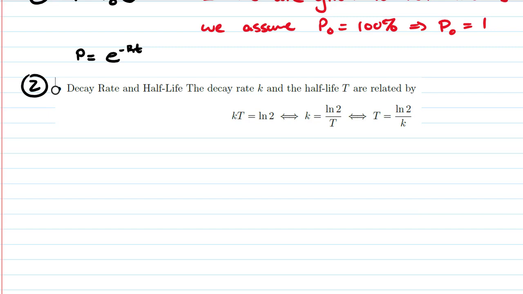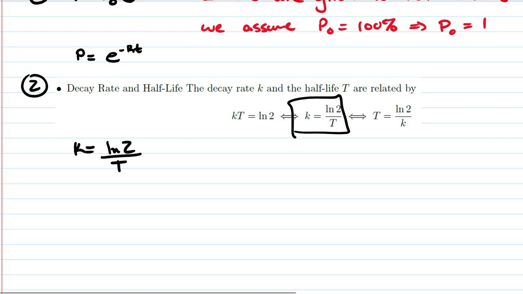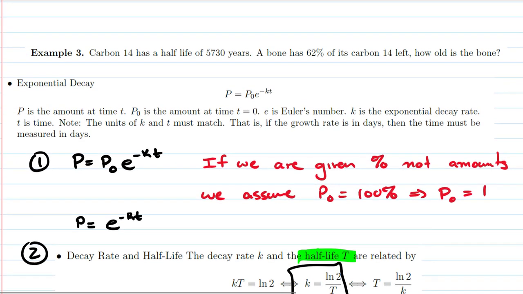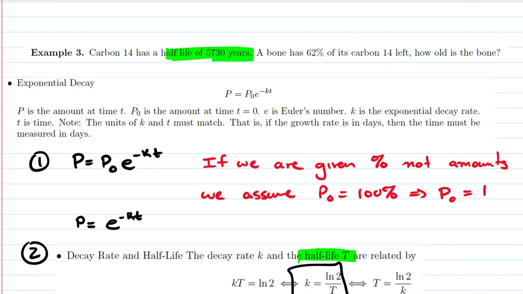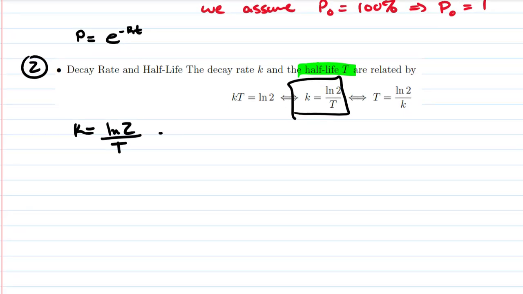So then our decay rate is given by this. If we need to find k, it's the natural logarithm of 2 divided by t, where t is the half-life. Well, what was the half-life of our carbon-14? 5,730. So this gives us the natural logarithm of 2 over 5,730.